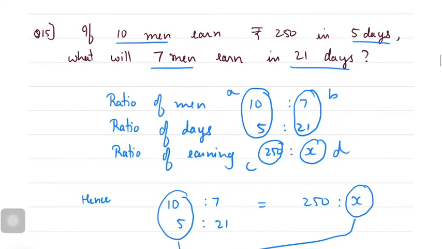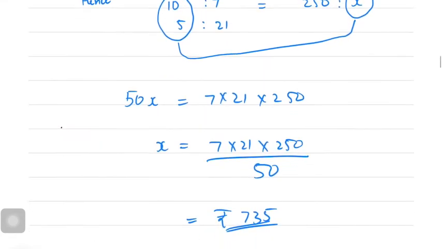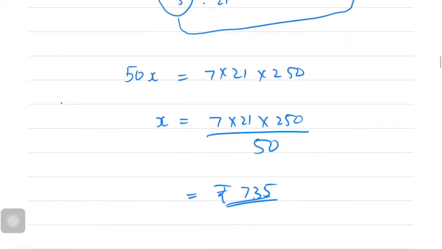Okay. So 7 men, if they work for 21 days, they will earn rupees 735. So rupees 735 is the answer.